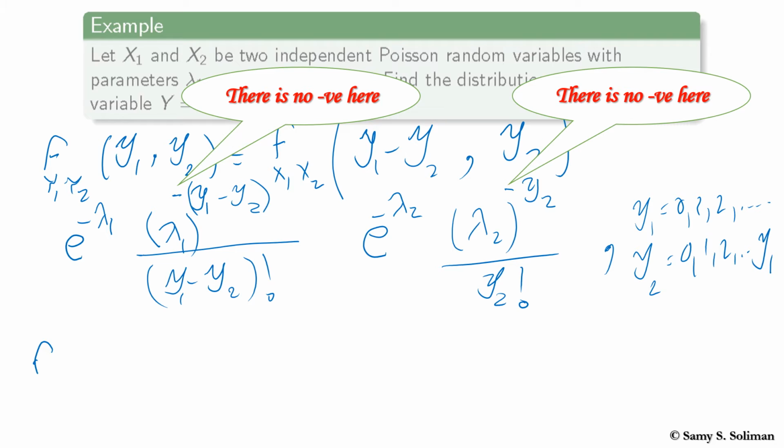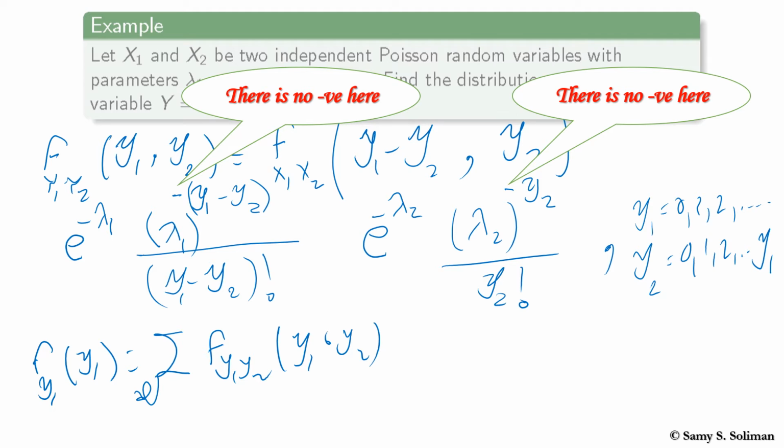So f of y1 is equal to the summation of the joint distribution of y1 and y2 over all the values of y2. That's why it was important to define exactly the range of y2, such that this summation is for y2 starting from 0 up to y1.